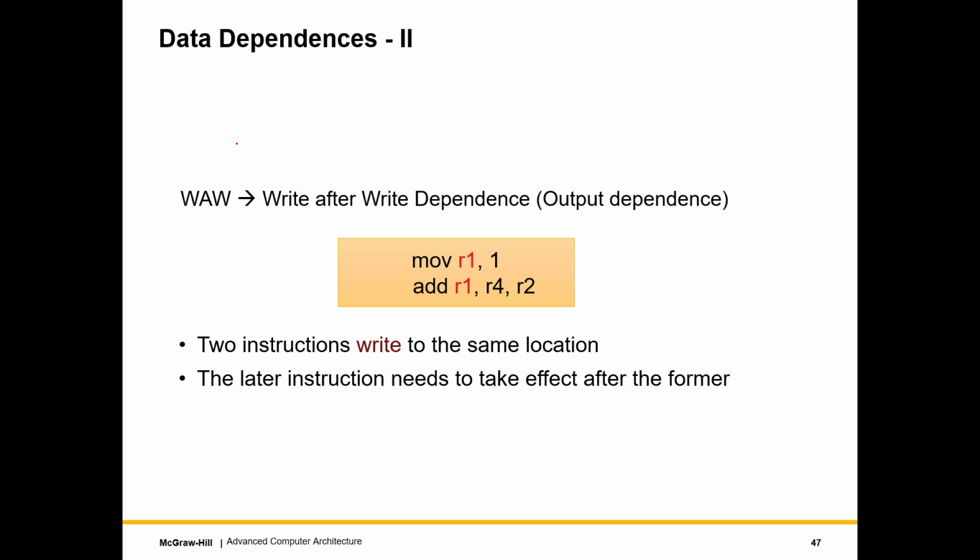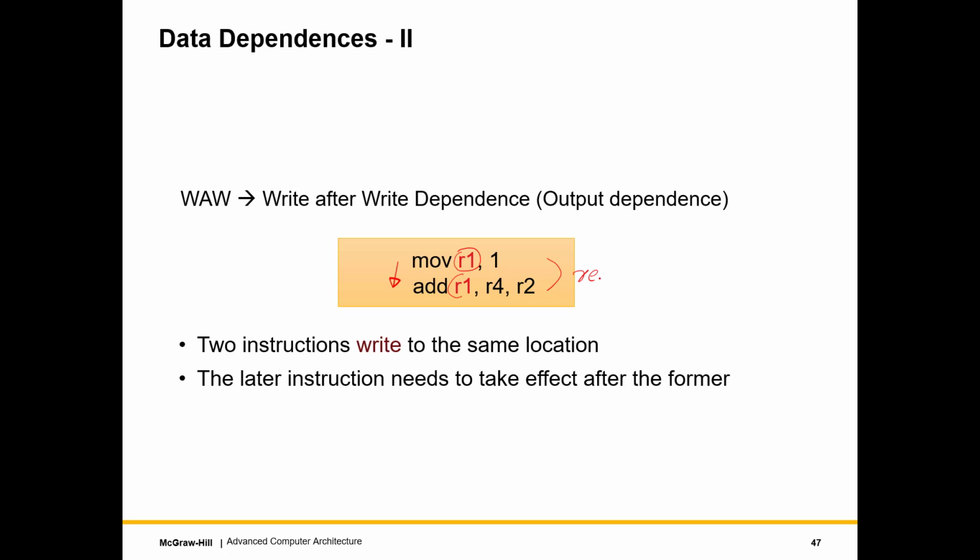All right, so now let's move on to two other kinds of dependencies which were not causing an issue in in-order pipelines, but they will cause an issue in out of order pipelines. Consider this piece of code where they write to the same register R1. So essentially the destination is the same. Since they write to the same location, and of course this is the program order, it is not possible to reorder these two instructions.